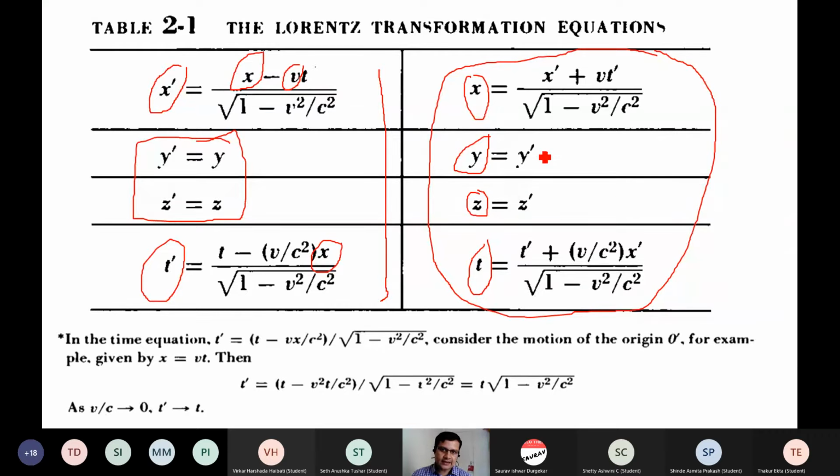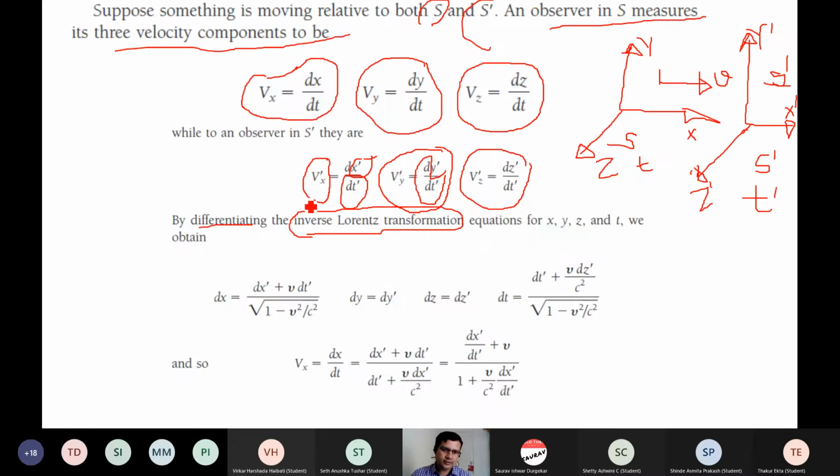So on the right hand side, this box represents the inverse Lorentz transformations. You just consider the real time x, y, z, t in terms of the moving one. That will be used to get the inverse Lorentz transformation equations, and you have the x, y, z, t corresponding.